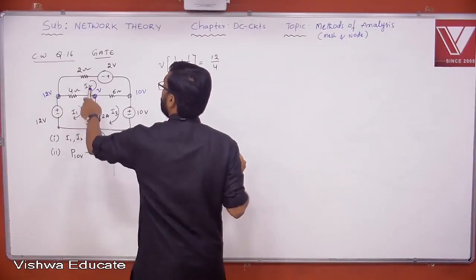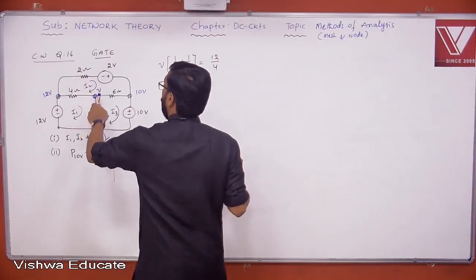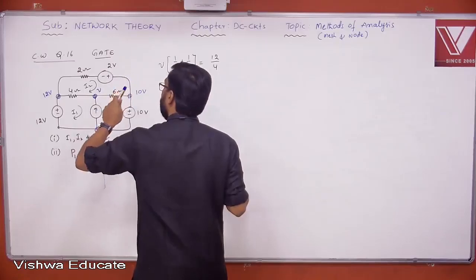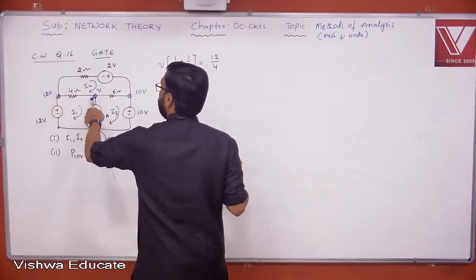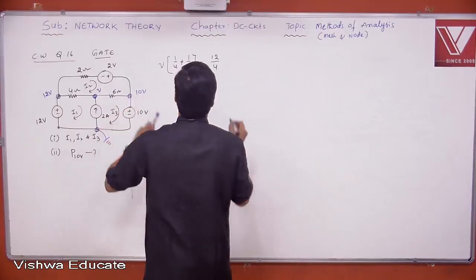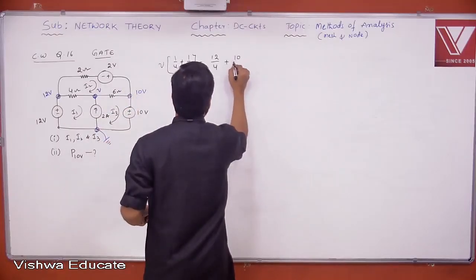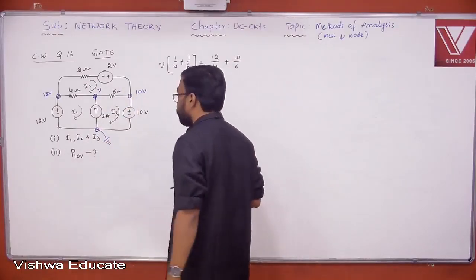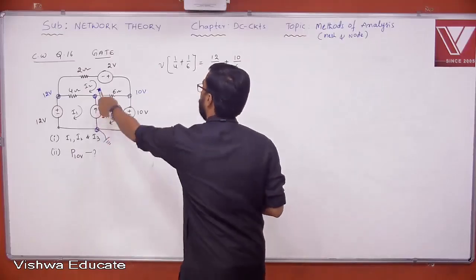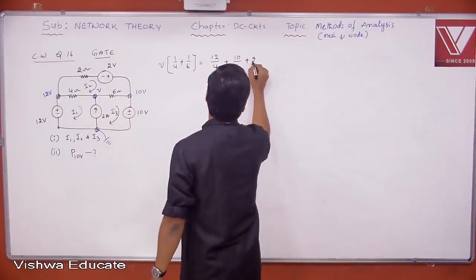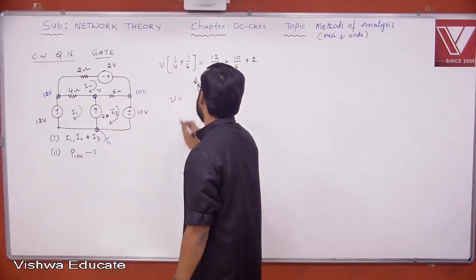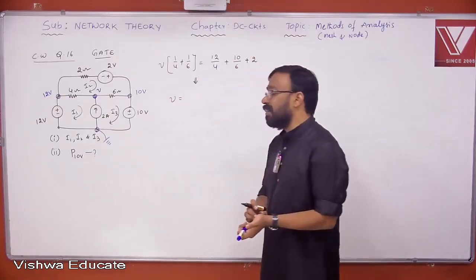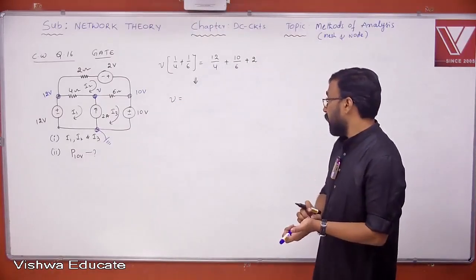You can't take 12 by 2 because this 2 is not related to V. Whatever element is connected between the constant voltage and the node variable, that must be taken. Here, constant voltage and node variable, that is 10 by 6, plus 2 ampere. From this, you find the value of V.